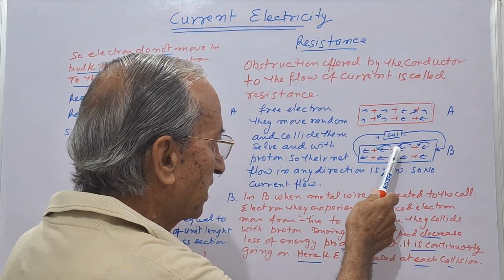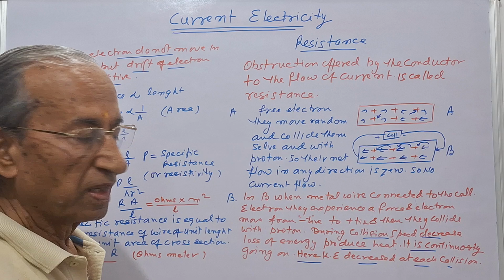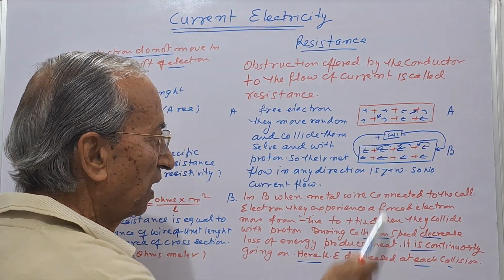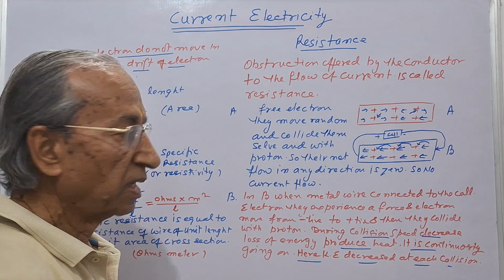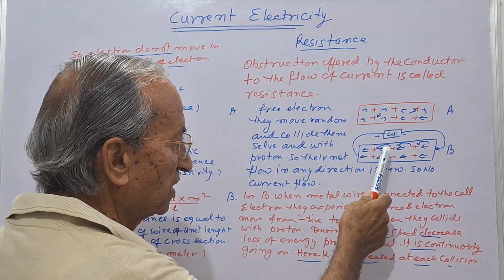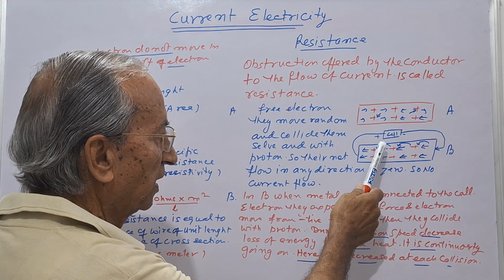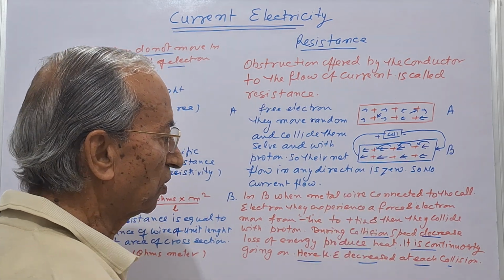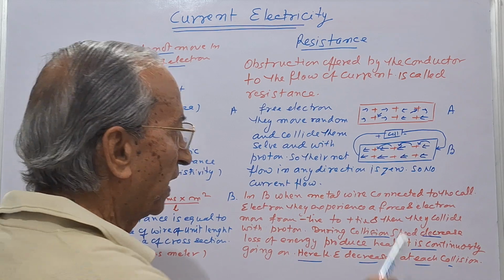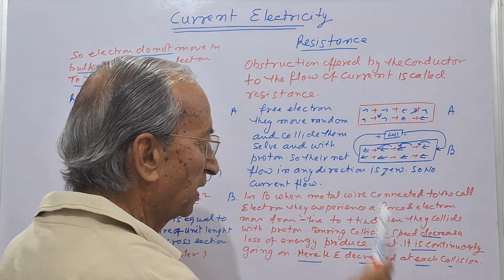Then again it strikes a proton, its speed decreases, there is a loss of energy and heat is produced. Again it goes forward, its speed increases, and again it strikes a proton and there is a loss of energy, which finally changes to heat.